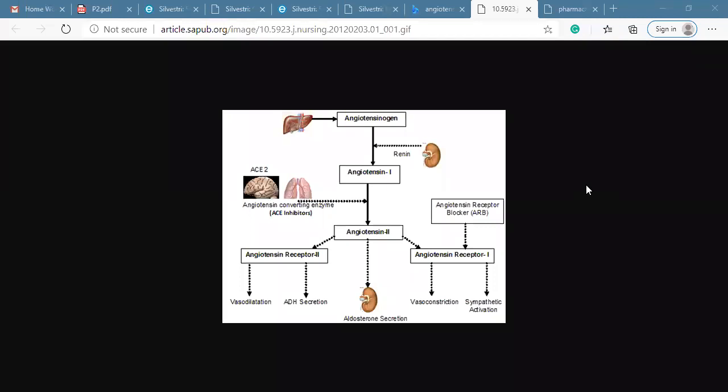A student asked how this medication can reduce the blood pressure and increase the blood flow. But before understanding how this medication works, we have to know the normal mechanism of action of angiotensin and the enzyme.